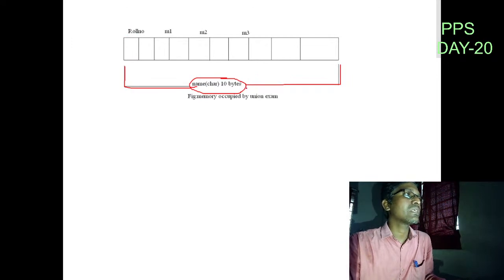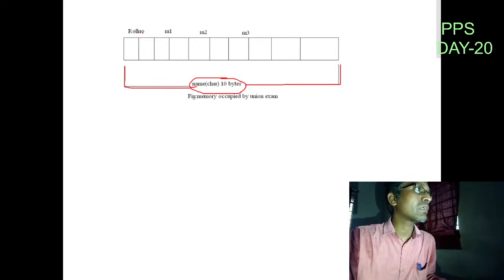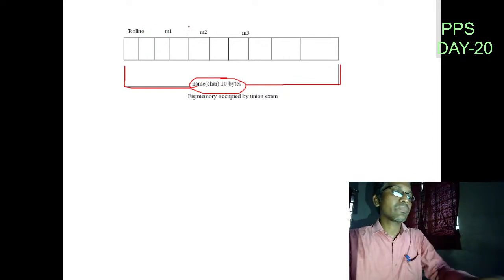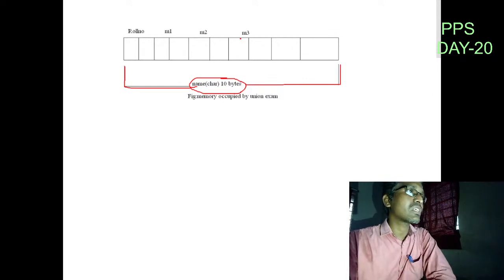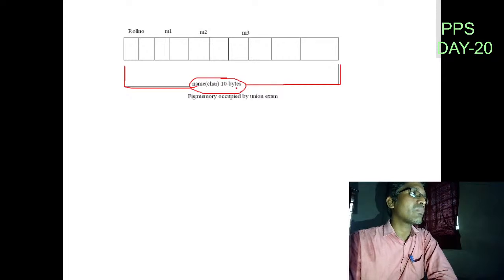So if it is a structure, then how many bytes is it going to occupy? The roll number is going to occupy 2 bytes, and M1, M2, and M3 are going to occupy 2 bytes each. So that is 8 bytes, followed by the character name, which is going to occupy 10 bytes. So a total of 18 bytes is required for structures, whereas in a union, only 10 bytes of memory location are required.